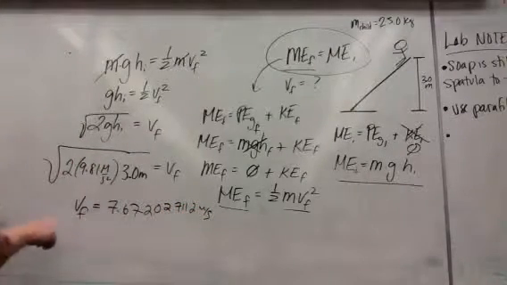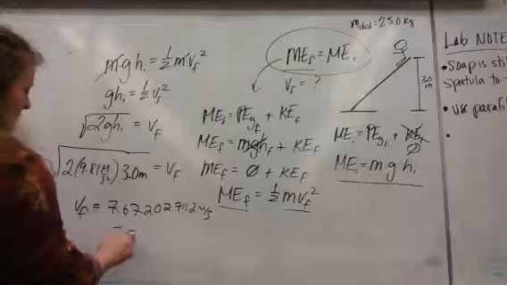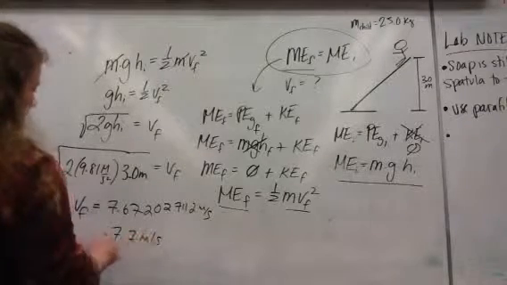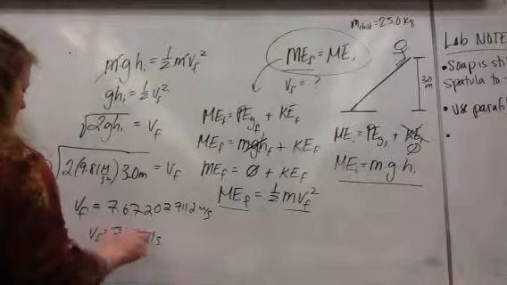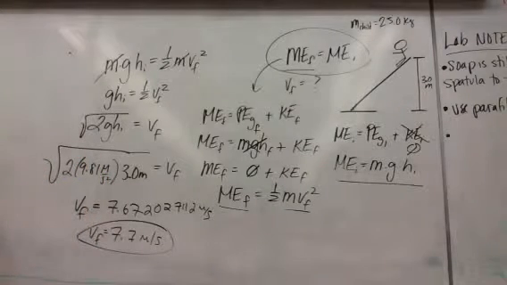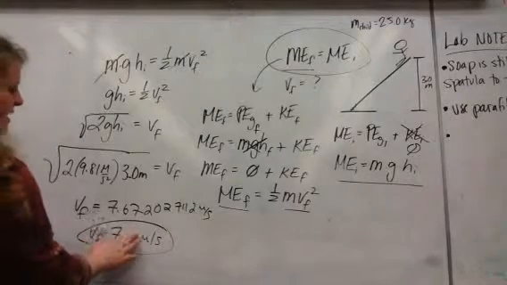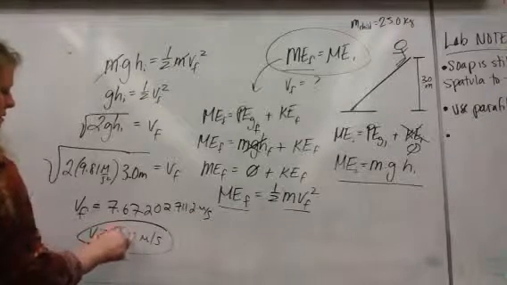Okay, so with sig figs we can have what, 2? 7.7 meters per second. We get 3 sig figs? Yeah, it's 3.0. Oh, okay, so 7.67, sorry.